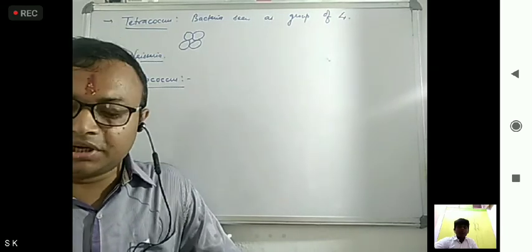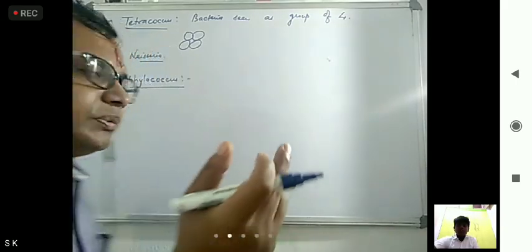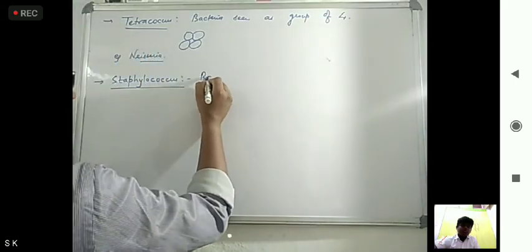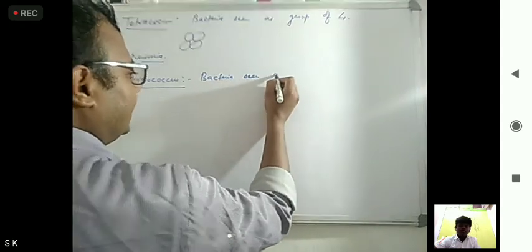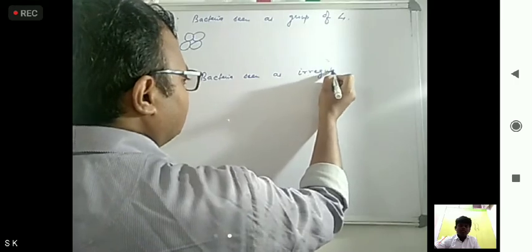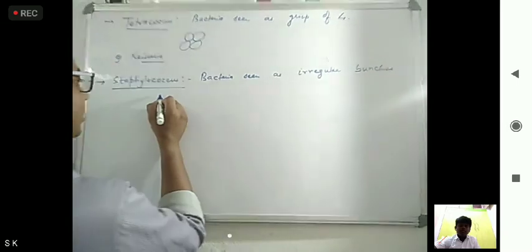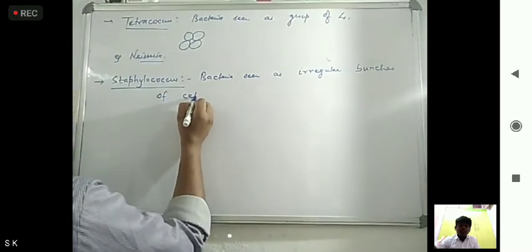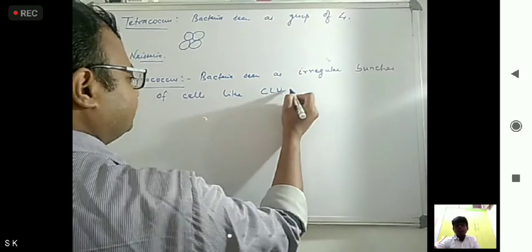Irregular bunches of cells, like a cluster of grapes. So the bacteria are seen as irregular bunches of cells like a cluster of grapes.